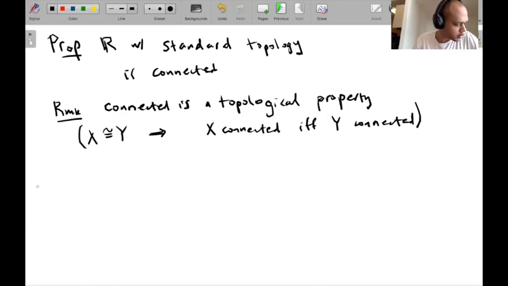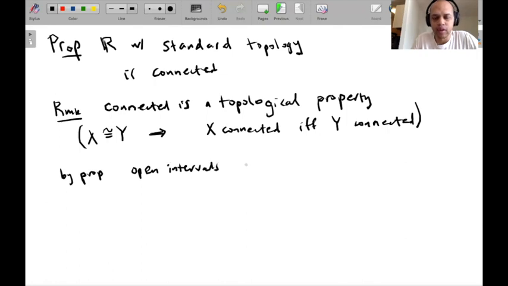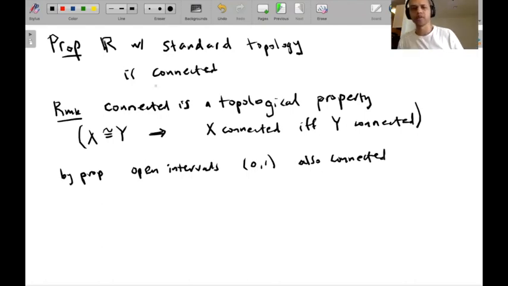So by the proposition, open intervals like (0,1) are also connected, since the open interval (0,1) is topologically equivalent to R. I'm not sure if we said that or proved it, but at this point you can do that.